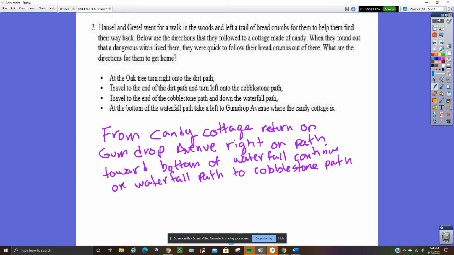Right on the dirt path. Turn left at the oak tree.